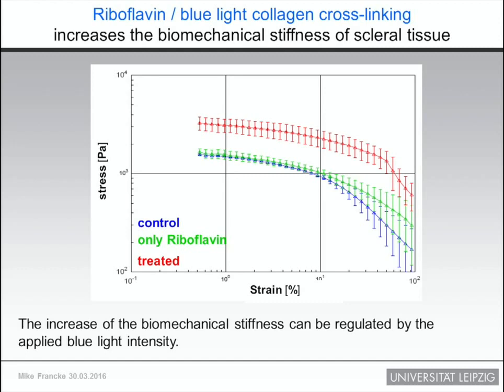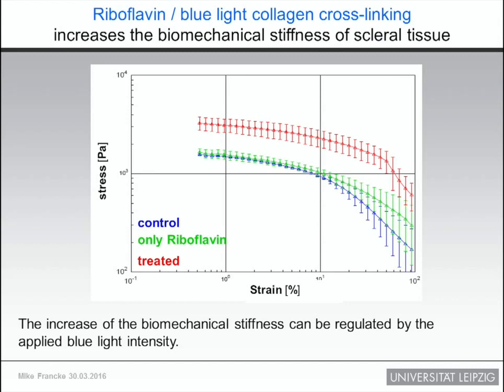The second point is that we have a kind of proof of principle. Riboflavin, blue light collagen cross-linking increases the biomechanical stiffness of scleral tissue. This is a diagram of viscoelastic measurements to characterize the biomechanical stiffness increase after the treatment.